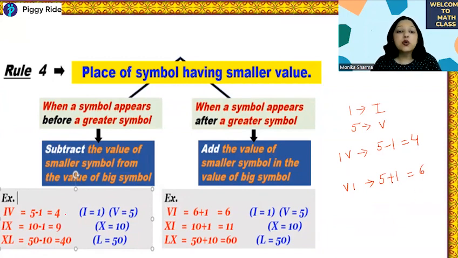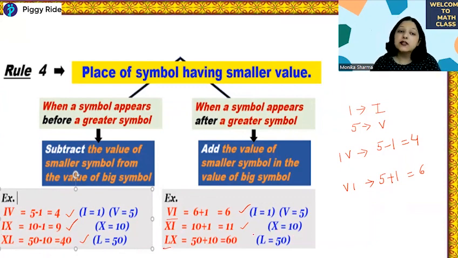So you can see so many examples here. IV is for 4, IX is for 10 minus 1, that is 9, XL is 50 minus 10, that is 40. And now the examples where we have used the smaller symbols to the right of the bigger symbols, where the value is added, like VI for 6, XI for 11, LX, which is 50 plus 10, that is 60.